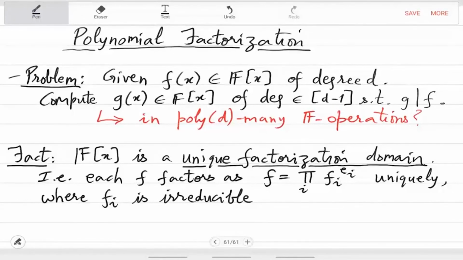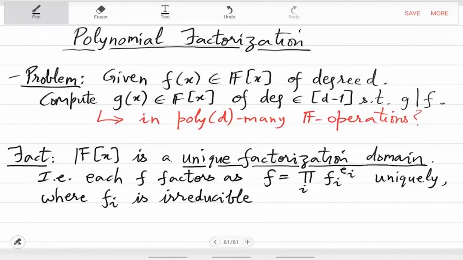So this UFD property means that for f, the list of fi's will be unique, and the list of ei's will also be unique.